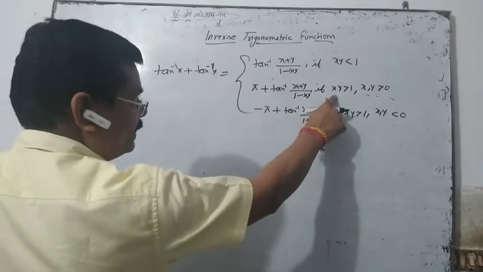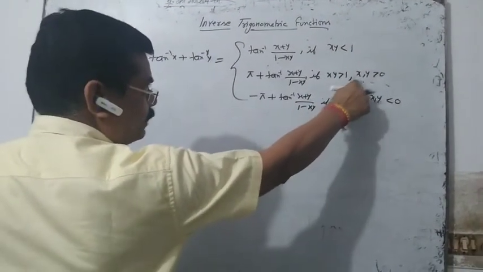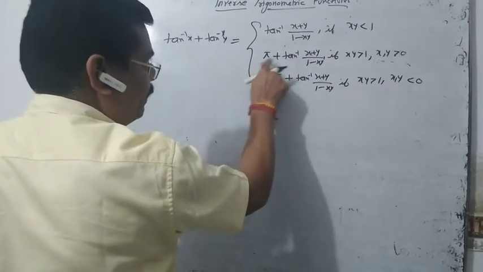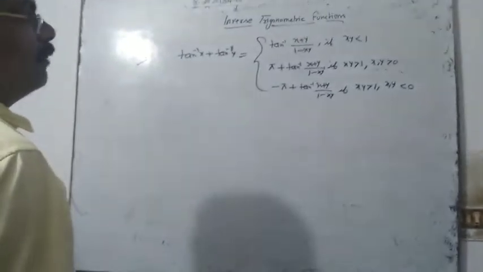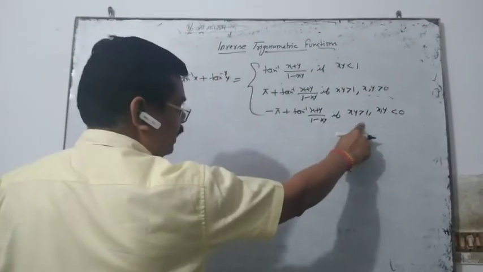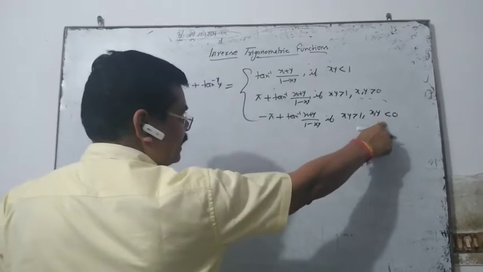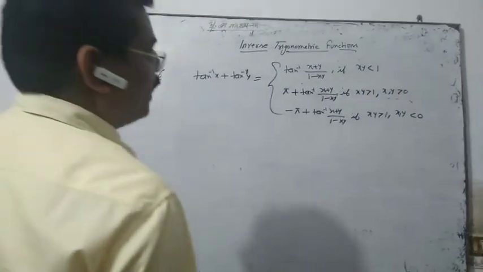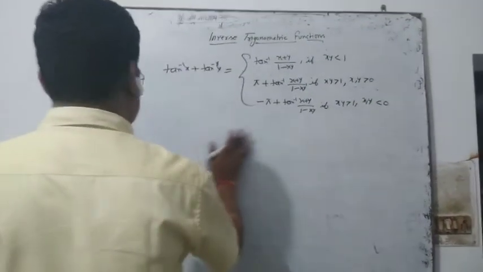If xy is greater than 1 and x comma y is greater than 0, then use the formula pi plus tan inverse of (x plus y) upon (1 minus xy). Otherwise, if xy is greater than 1 but x comma y is less than 0, then use the formula minus pi plus tan inverse of (x plus y) upon (1 minus xy).